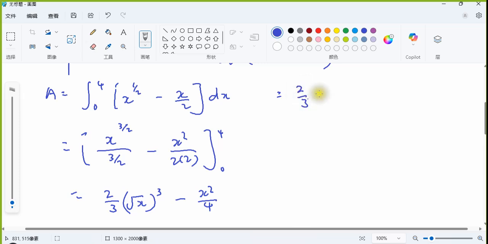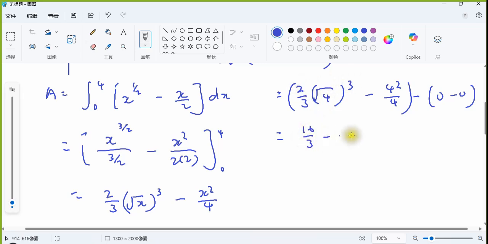Then it is 2 over 3 square root 4 cubed minus 4 squared over 4, and then minus 0 minus 0. Then it will be 2 cubed is 8, 16 over 3 minus 4. So it will be 4 over 3, which is 1 and 1 over 3.